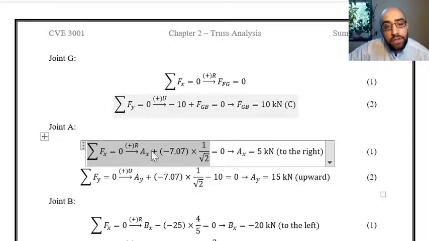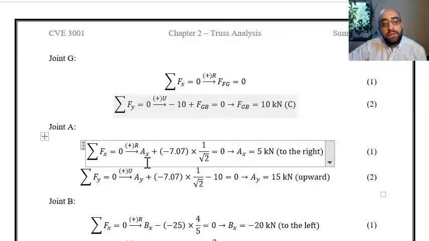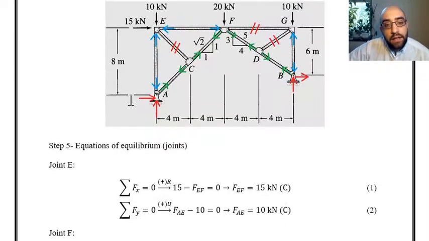So we have this equation over here. Now you can see the only unknown is the horizontal reaction at A. By solving this equation, we can see that reaction is equal to 5 kilonewton. It is positive, which means that the direction is the same as what we have over here. That's for the horizontal direction.